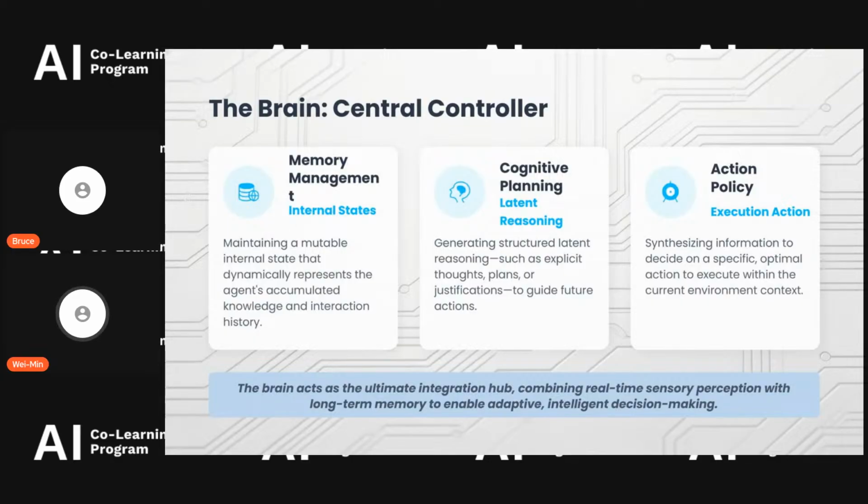And also the cognitive planning, generating structured latent reasoning, including the thoughts, plans, and also some kind of justifications to guide future actions. And also the action policy, which synthesizes the information to decide on a specific optimal action to execute within the current environment context.